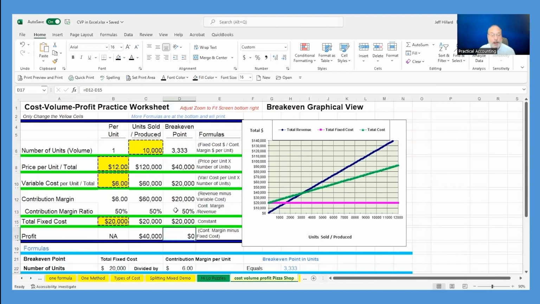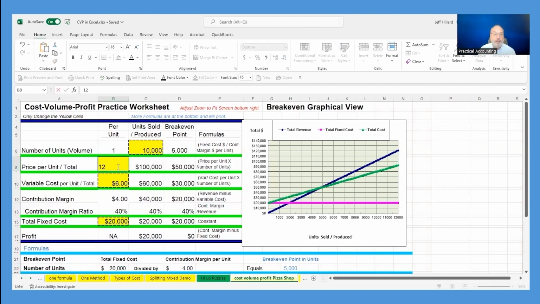See, this automatically adjusts. Our contribution margin ratio was 40%, $4. It is now 50%, which is 6 divided by 12 instead of 4 divided by 10. So we're fat and happy.